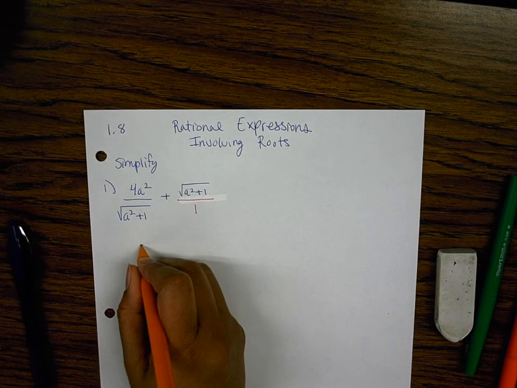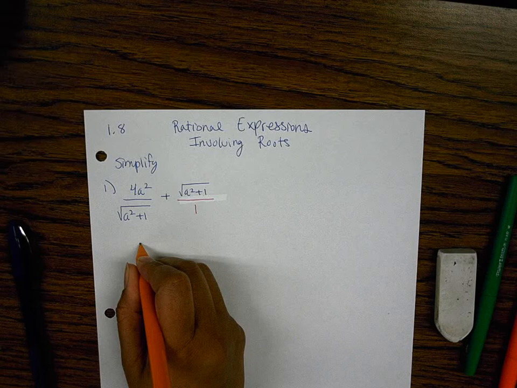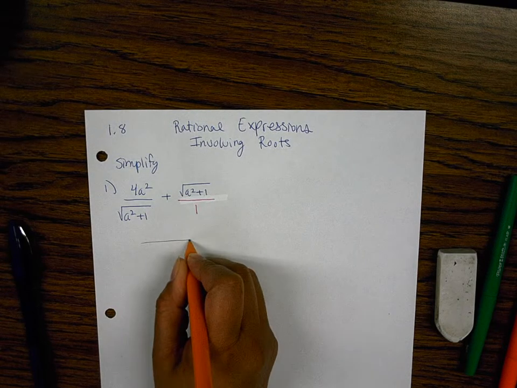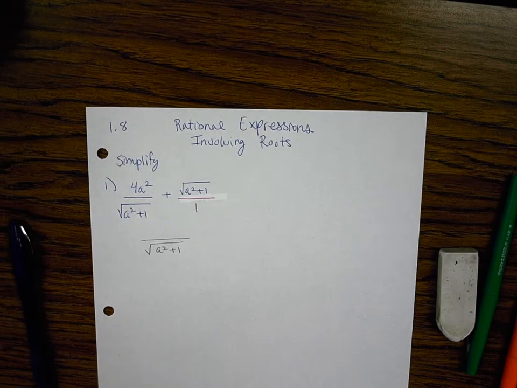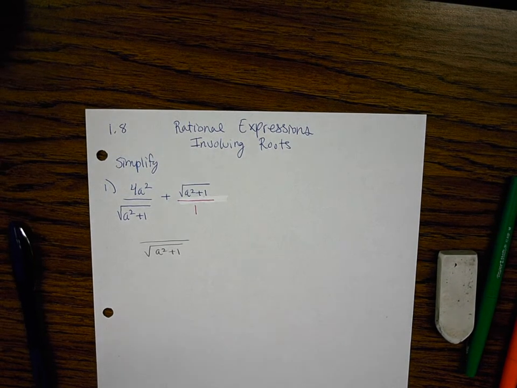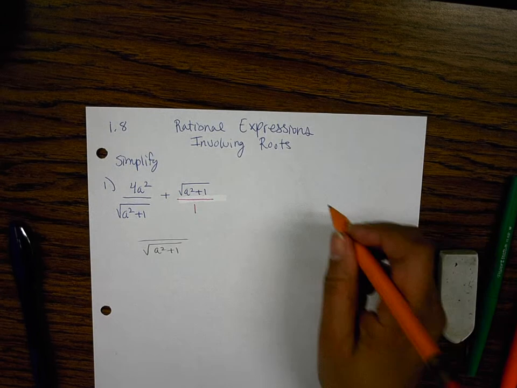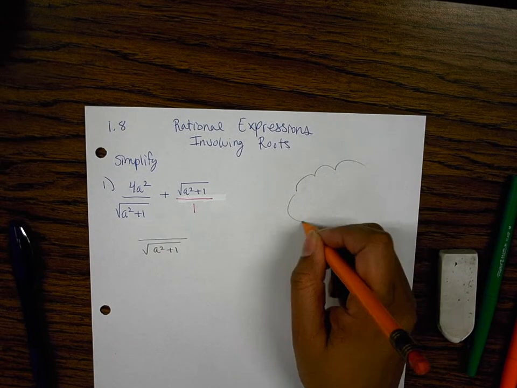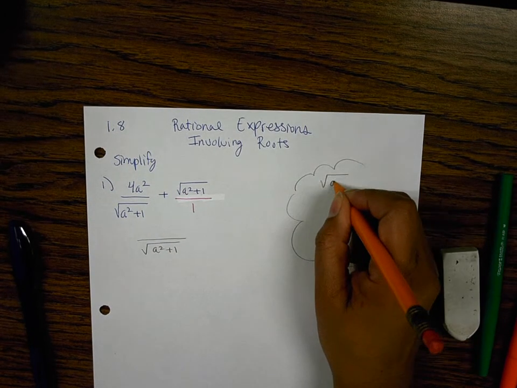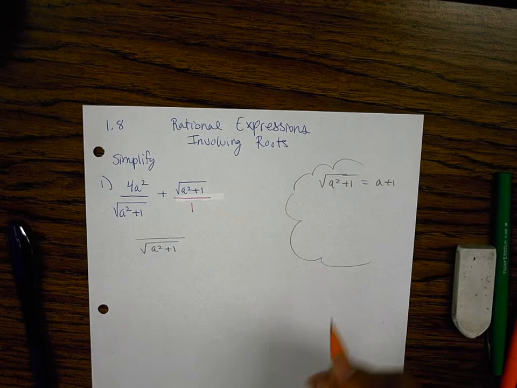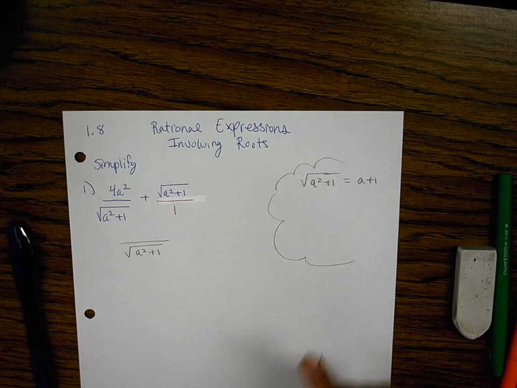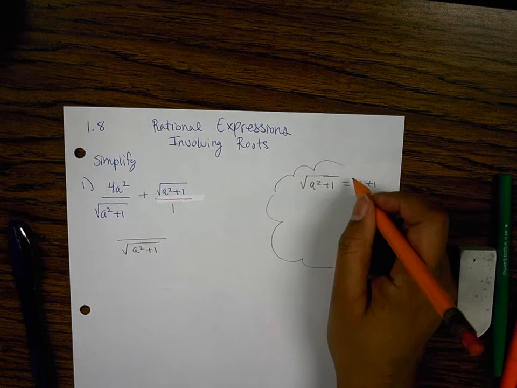All right. I'm hoping everybody recognizes that the common denominator is the square root of a squared plus 1. Another quick side note, I often have kids ask, is the square root of a squared plus 1 equal to a plus 1, because they're both perfect squares? Square root of a squared is a, square root of 1 is 1. Can I do that?